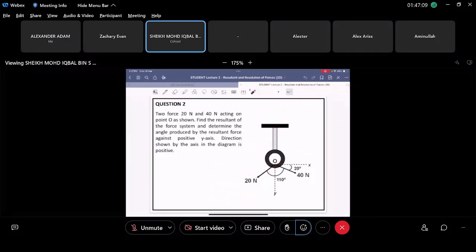So two forces, 20 Newton and 40 Newton, acting on point O. As shown, find the resultant of the force system and determine the angle of the resultant force against the positive y-axis. The direction shown by the axes in the diagram is positive, right?